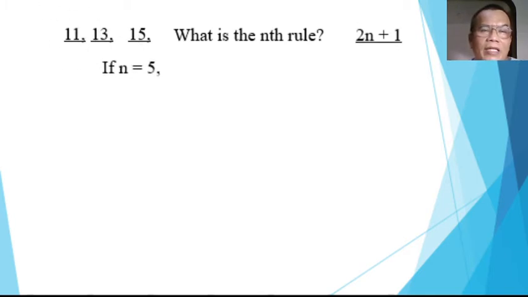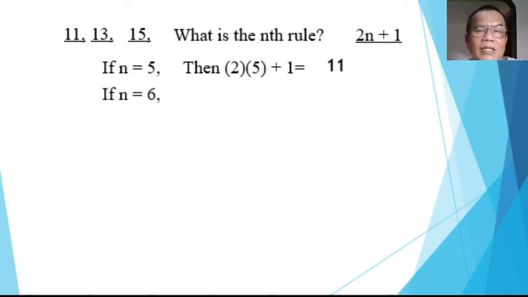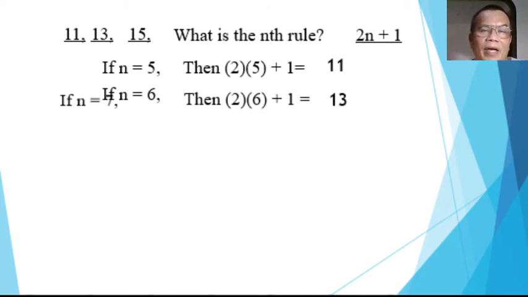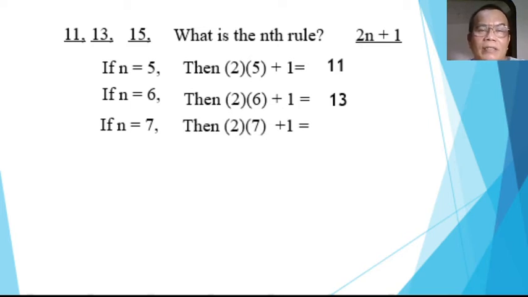If n is equal to 5, then 2 times 5 is 10 plus 1 is 11. If n is 6, then 2 times 6 is 12 plus 1 is 13. And if n is 7, then 2 times 7 is 14 plus 1 is 15.